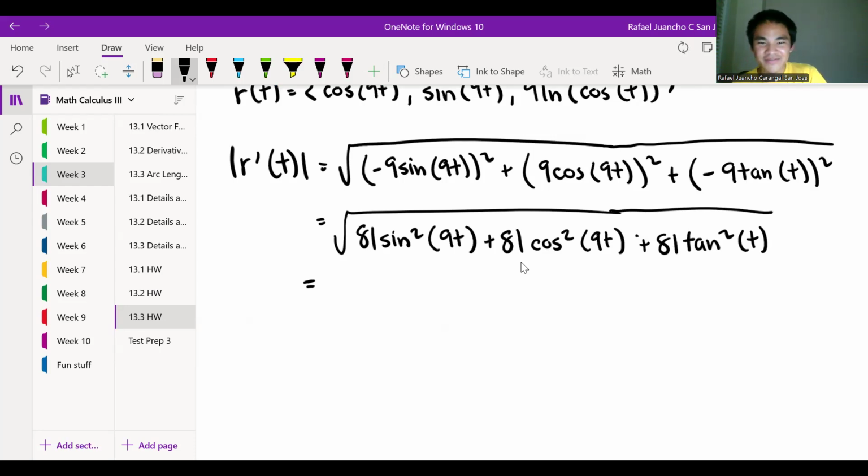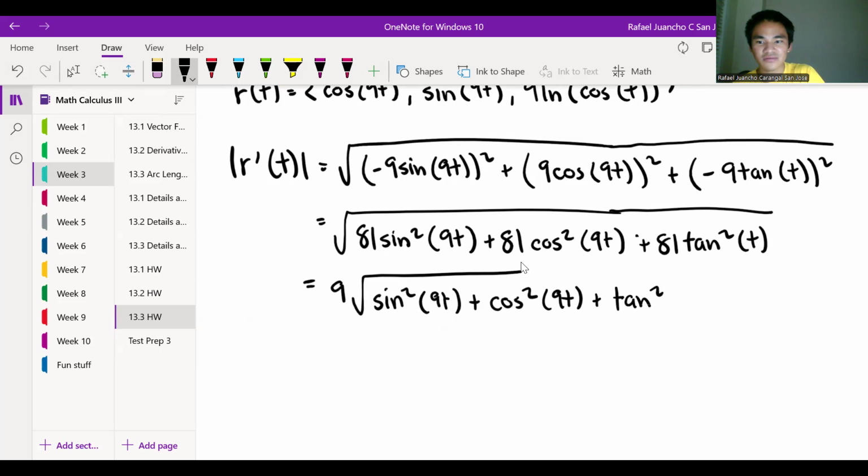So we have 9 square root of sine squared 90 plus cosine squared 90 plus tangent squared t.